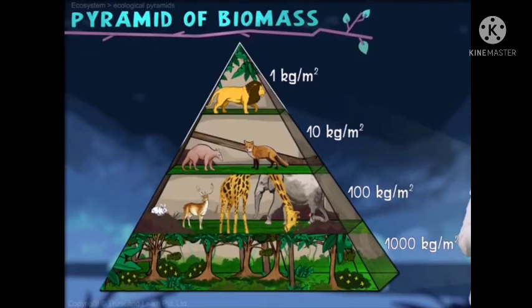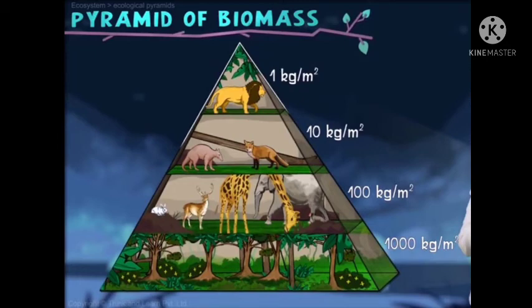They have less mass, 100 kilogram, less than the producers. That's why they are above the producers. Again we go to the next trophic level. Suppose these primary consumers are eaten by a secondary consumer, the jackals and all, it will have 10 kilogram of mass. Further, the jackals are eaten by the lion, and the mass will be 1 kilogram.